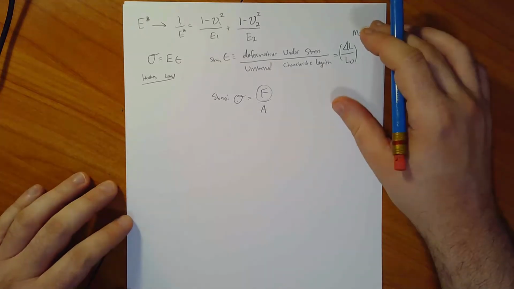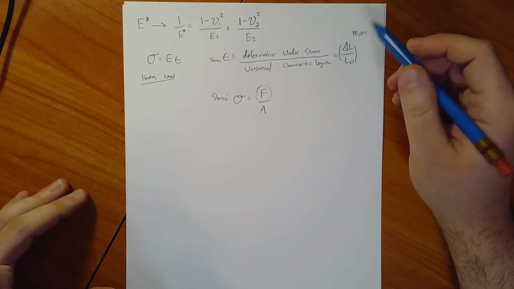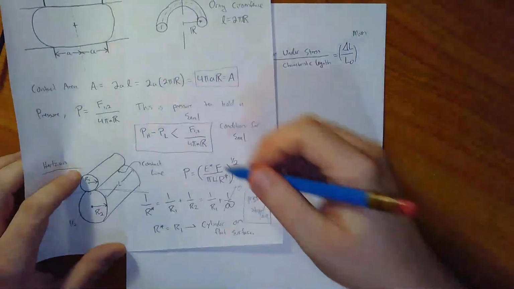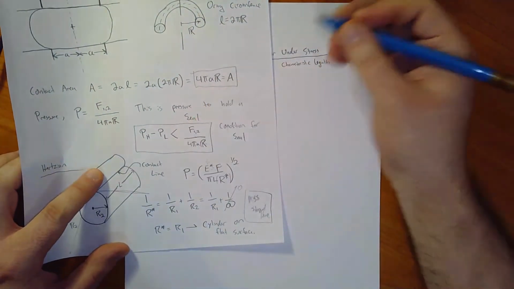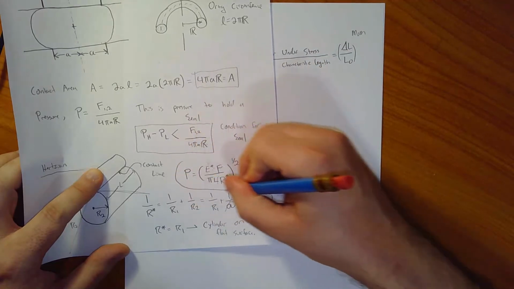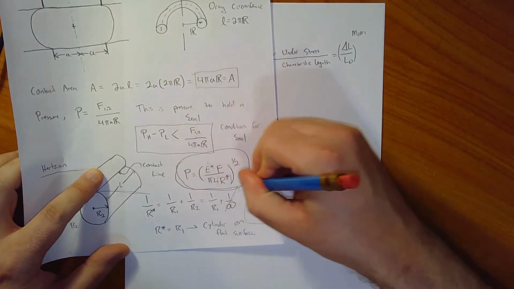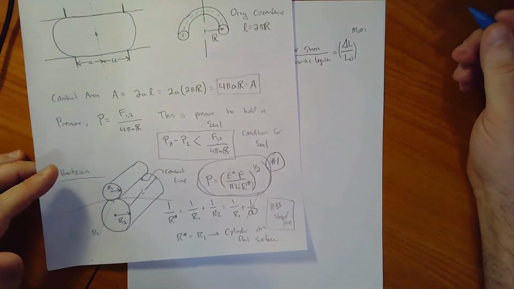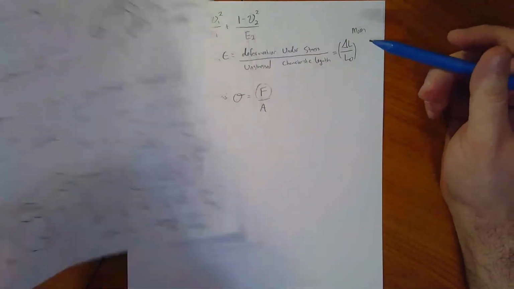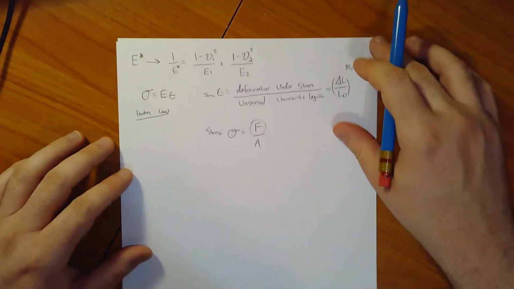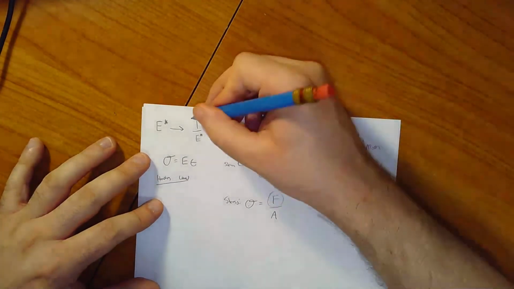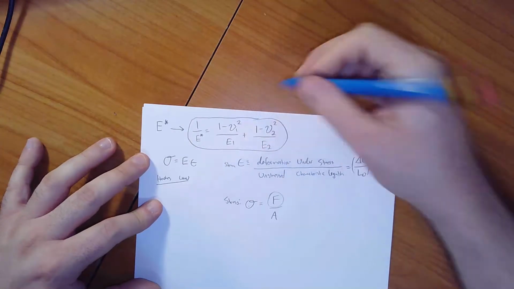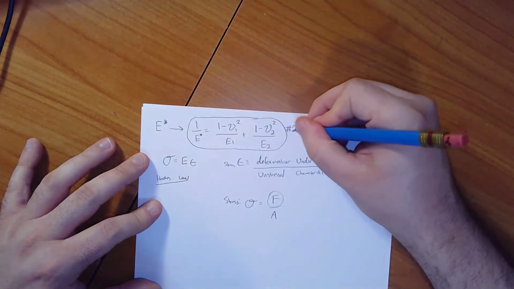Before I forget, with this Hertzian contact pressure equation, let me put it in a big circle so that I can find it again, and I'll refer to it as equation number 1. Then for completeness, I'm going to circle my E star equation and call it equation number 2.